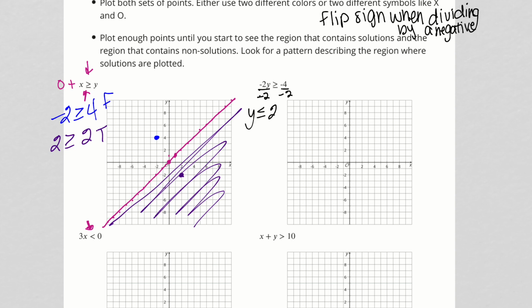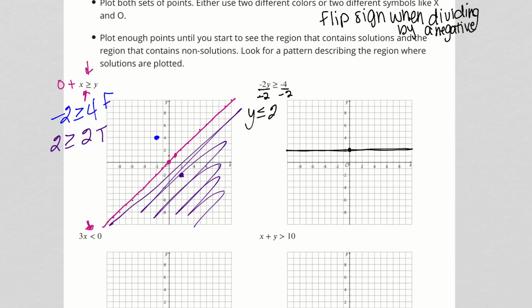So I'm going to go to 2 over here. Okay, so if I plug in, nope, not on the x-axis, on the y-axis, 2, my line is going to be a horizontal line through the y-axis because it is y is less than or equal to 2.